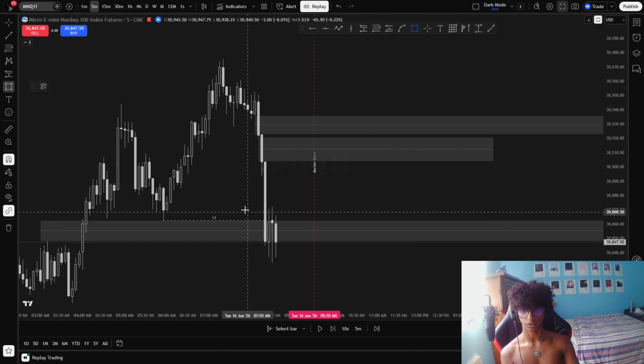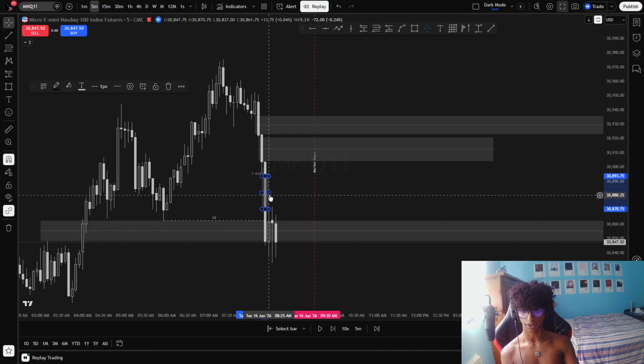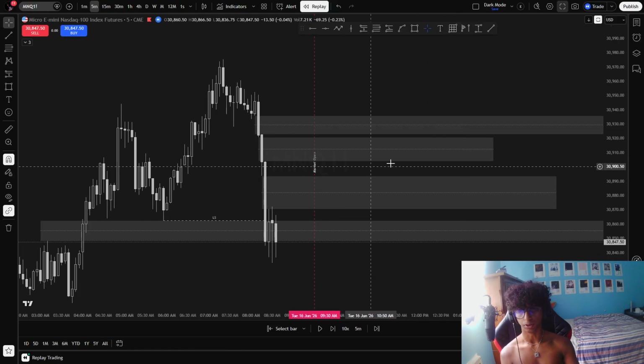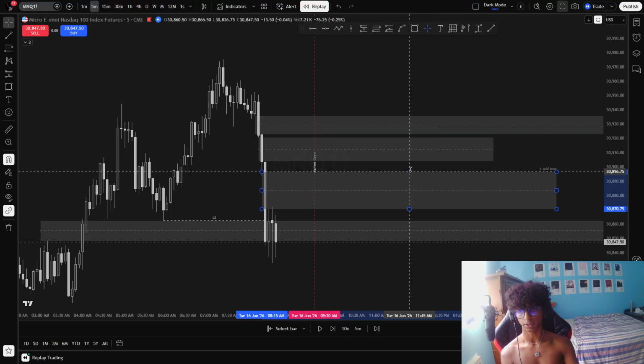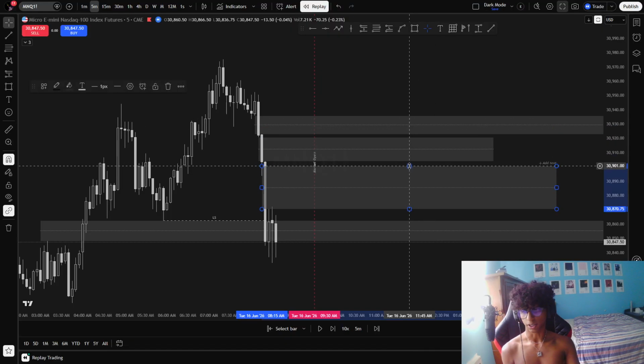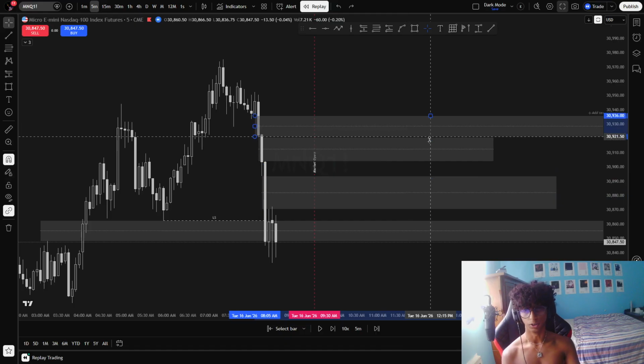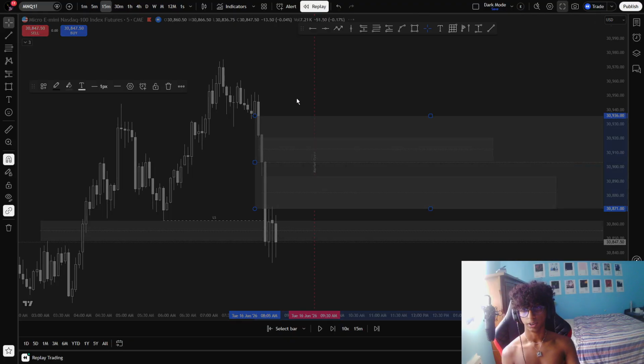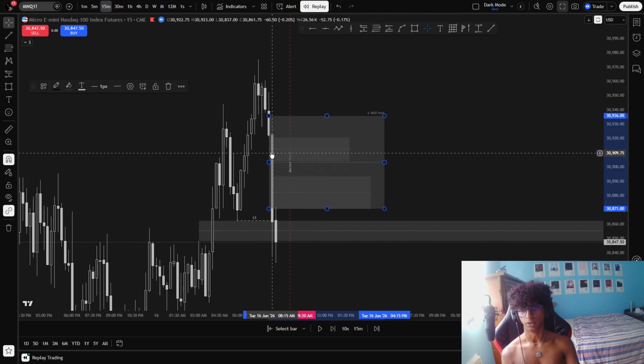Now, one thing I like to do when we have a lot of fair value gaps stacked on top of each other, it is actually just one fair value gap altogether, right? So obviously we did tap in. I would prefer a deeper retrace into this fair value gap because, like I said, fair value gaps stacked on top of each other are just going to be one big fair value gap, because if you look at it on a higher time frame, it is indeed just one big fair value gap with a 30-minute, and so on.